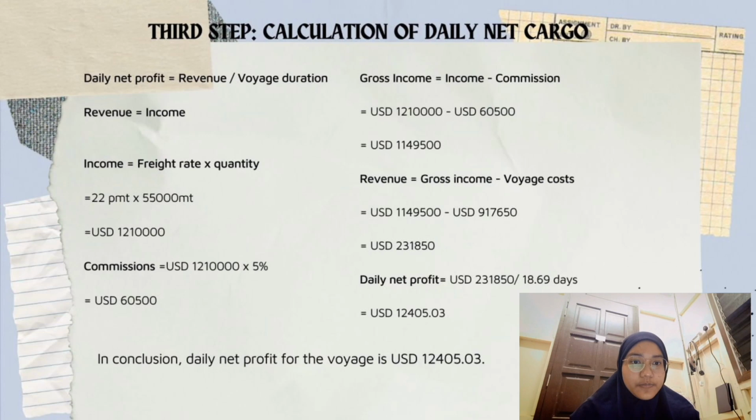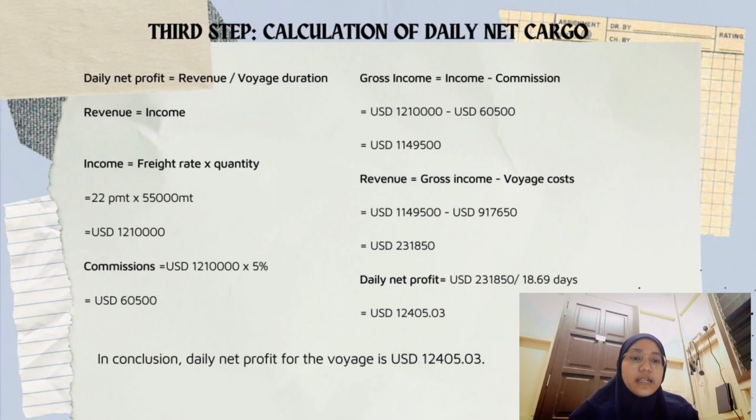For the gross income, income minus commission. The income 1,210,000 minus the commission 60,500. The total was 1,149,500. For the revenue, gross income minus voyage cost. Gross income 1,149,500 minus 917,650, and the total was 231,850.